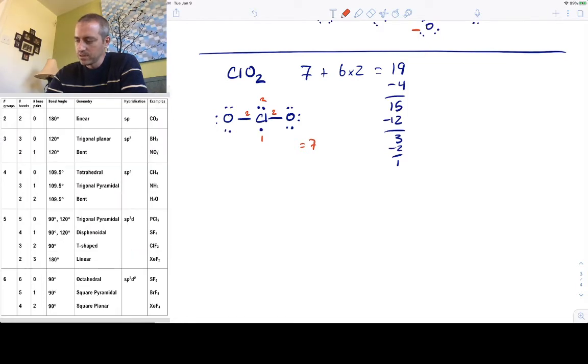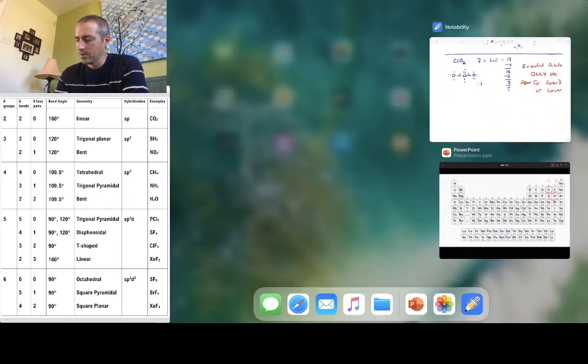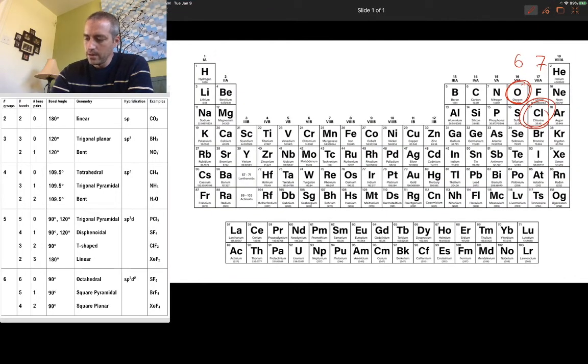So exceeded octets are an exception to the octet rule that are only okay for central atoms in row 3 or lower. Let's go back to our periodic table.